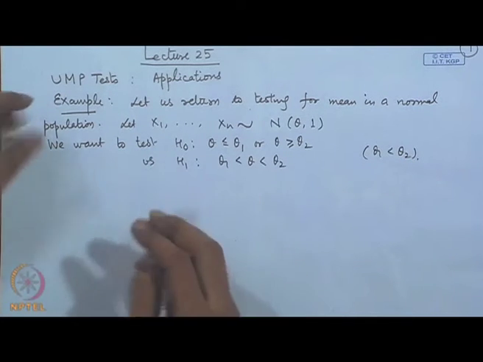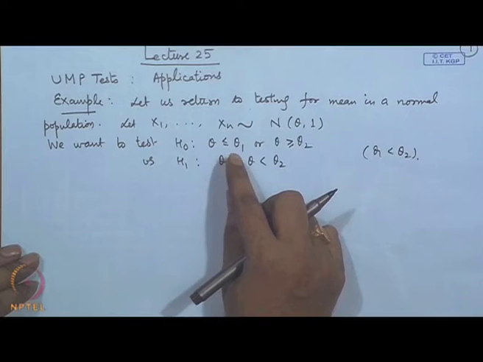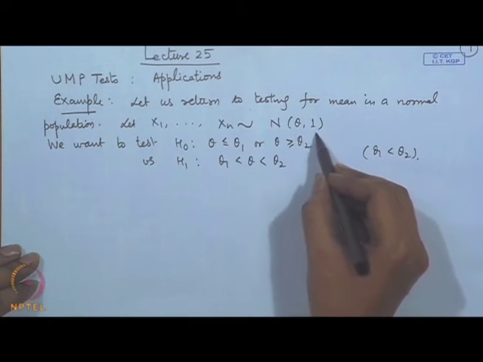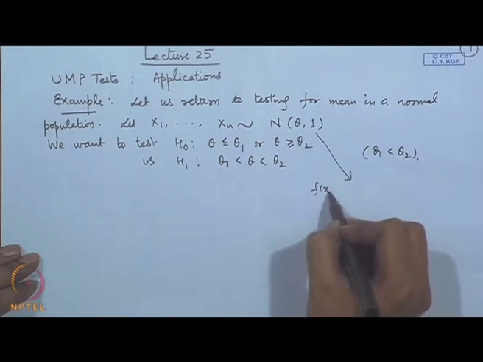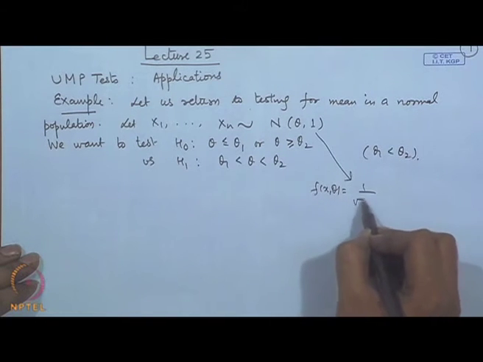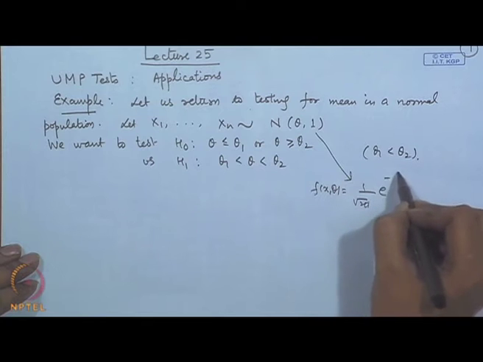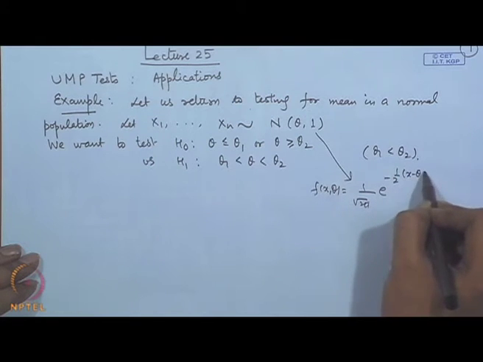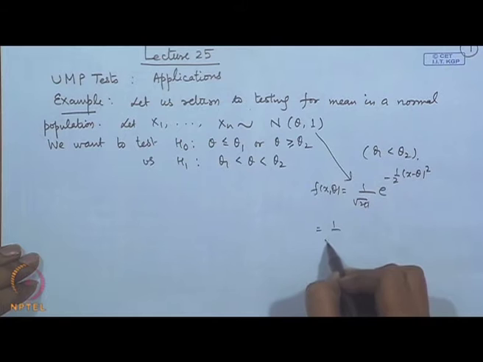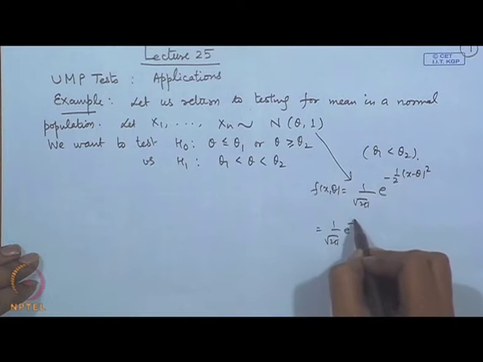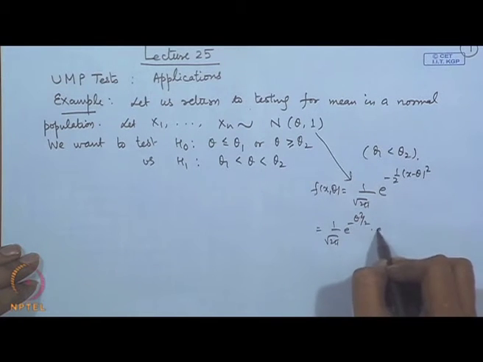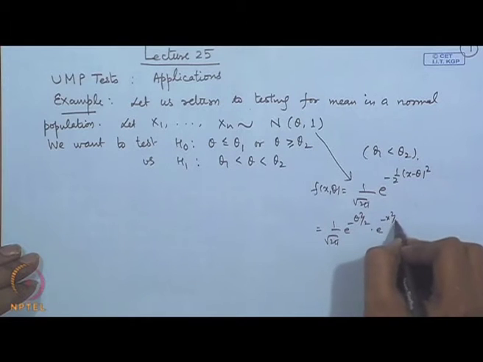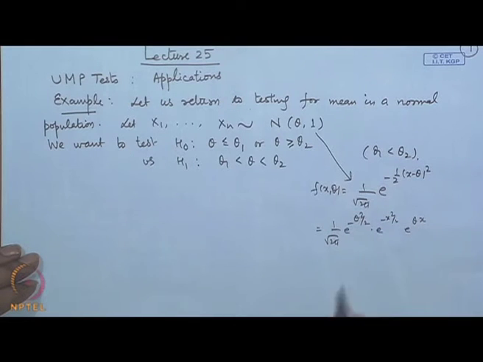So, in the previous class I gave the theorem. Here we have a one parameter exponential family. If we write down the distribution, it is 1 by root 2 pi e to the power minus half (x minus theta) square, that is equal to 1 by root 2 pi e to the power minus theta square by 2 e to the power minus x square by 2 e to the power theta x.